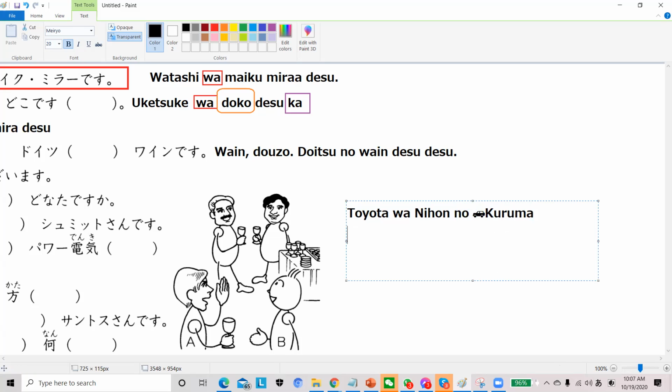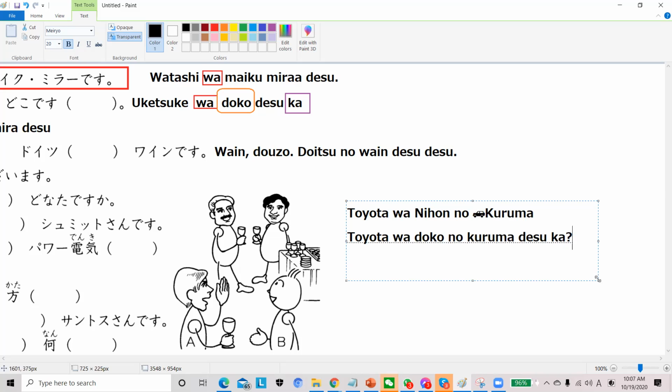So I will make that a question. Toyota は、どこの車ですか？ I'm asking, from what country does the car come from?